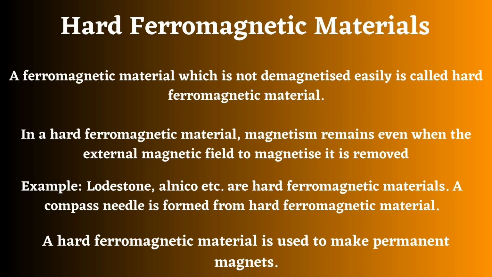In a hard ferromagnetic material, magnetism remains even when the external magnetic field used to magnetize it is removed. A hard ferromagnetic material is used to make permanent magnets. For example, lodestone. A compass needle is formed from hard ferromagnetic material.